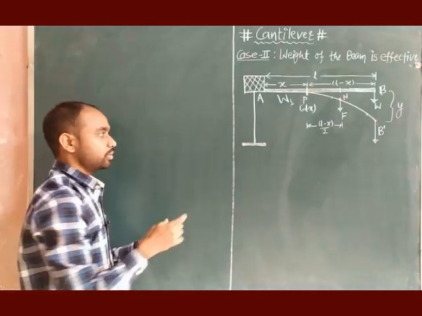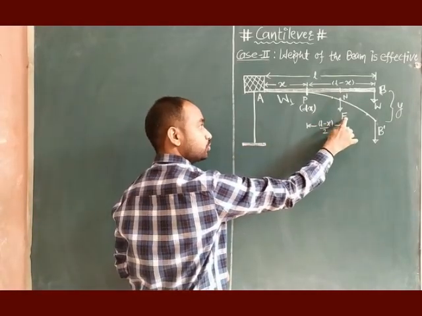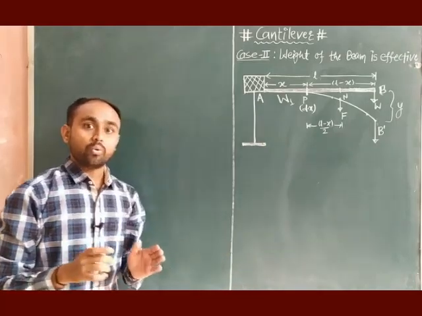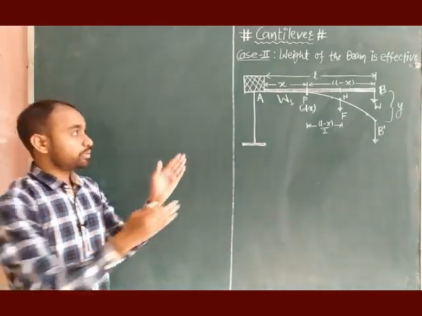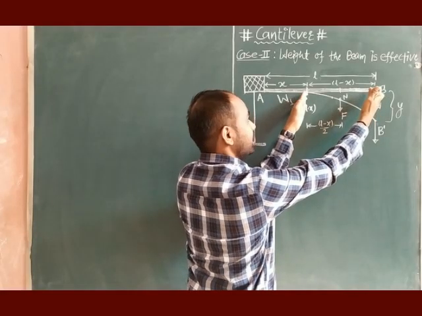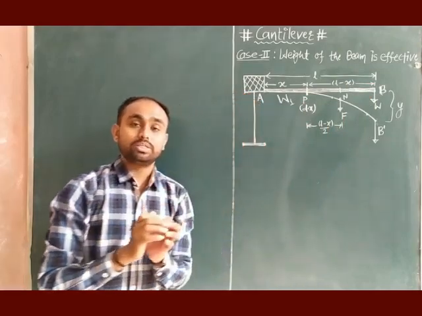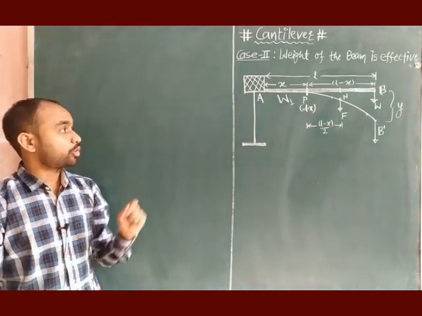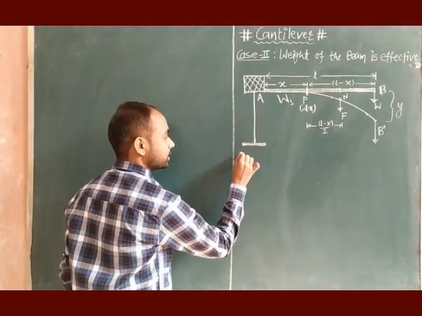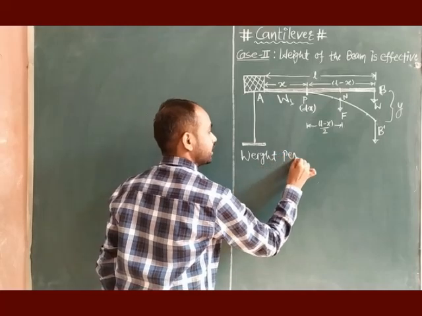Now when we talk about the moment of force due to this weight W1, first of all we must know the weight of the beam of length L minus x. For that purpose we will first find the weight per unit length of the beam.